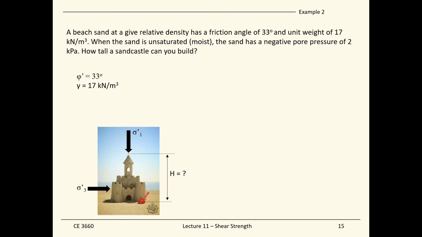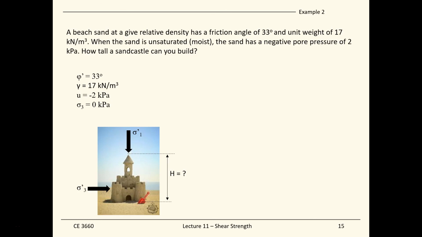We are also given the information that the sand is unsaturated, which means it has a negative pore pressure of 2 kilopascals. And you know that sigma 3, the total stress, is equal to 0. This reinforces the concept of sampling we talked about in the previous slides.